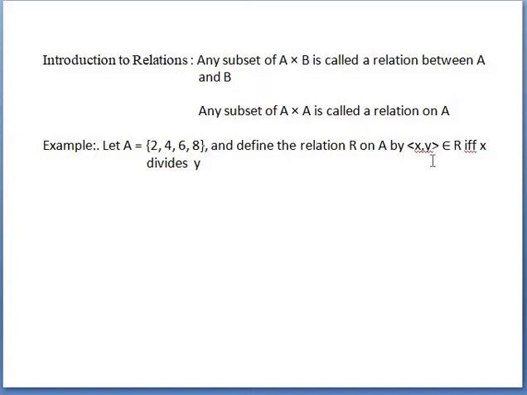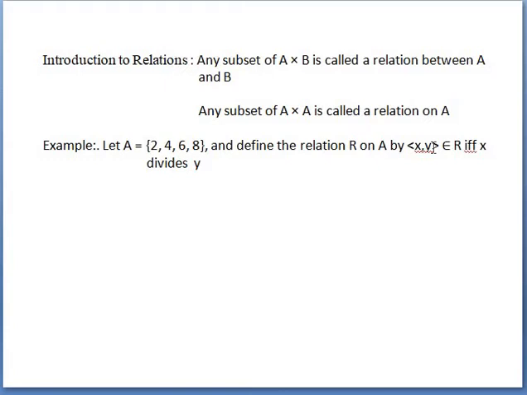How we represent an ordered pair, this is the same, by (x, y), where x and y are the elements of the set A. Is it clear? (x, y) belongs to capital R, that means that ordered pair belongs to that particular relation R, if and only if x divides y. That is, if the first element divides the second element, then only can you include that particular ordered pair in that relation R.